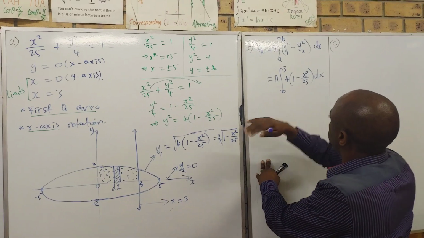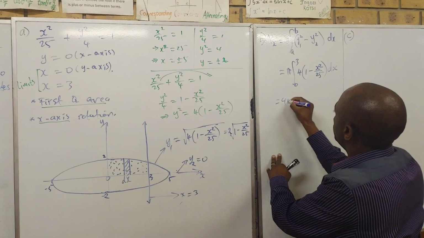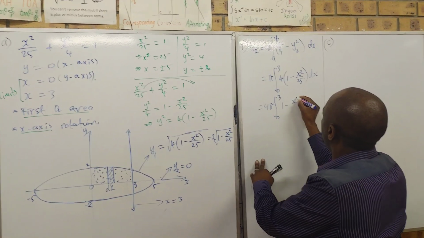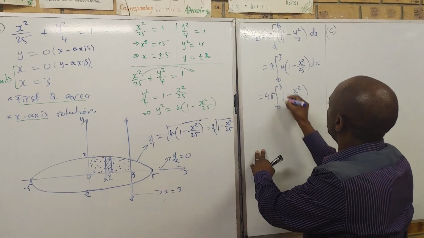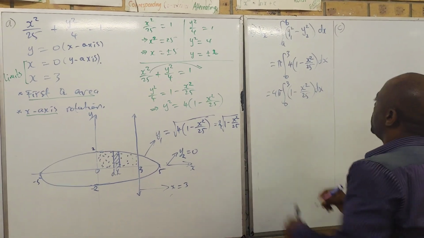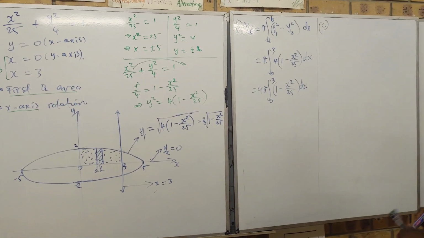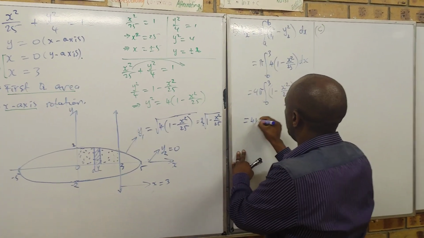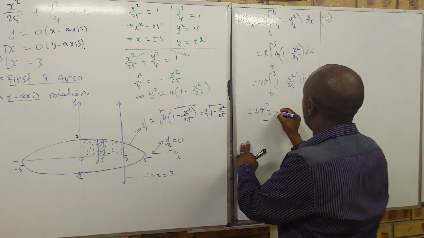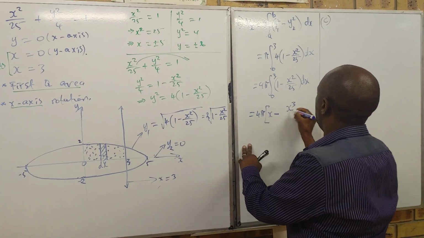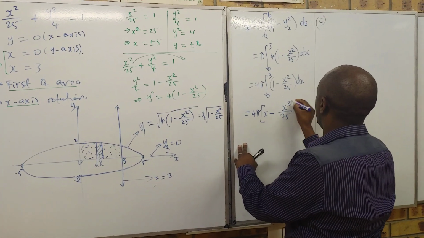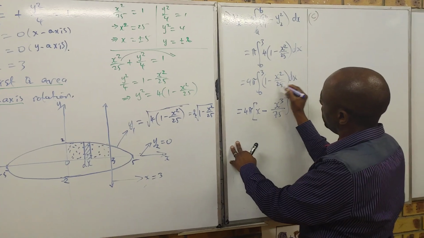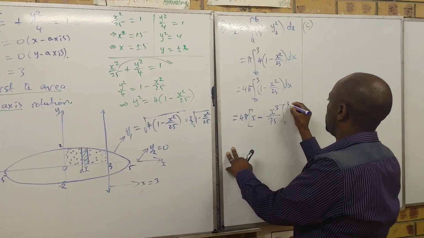So 4 is a constant. I practice sending out all my constants to make life easy with integration. So this is simply what I'm integrating: 1 minus x squared over 25. If I integrate that, I will get x minus x cubed over 75, because when you integrate x squared, you add 1, it becomes 3, you divide by 3. 3 times 25 is 75.